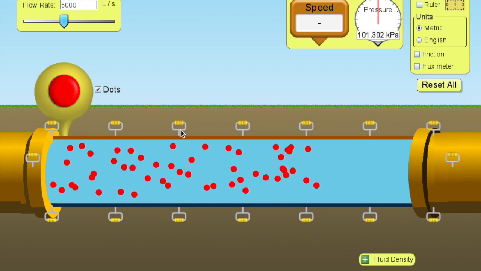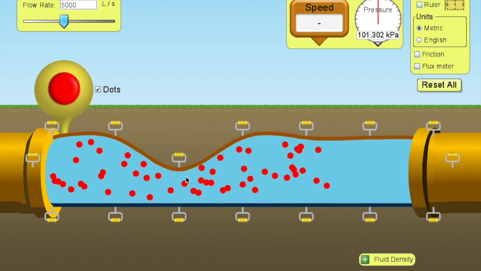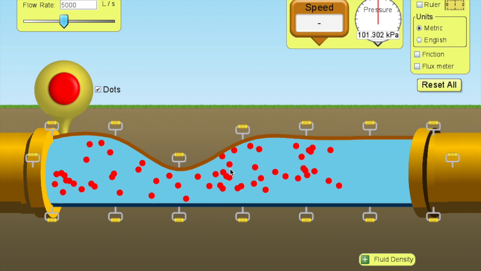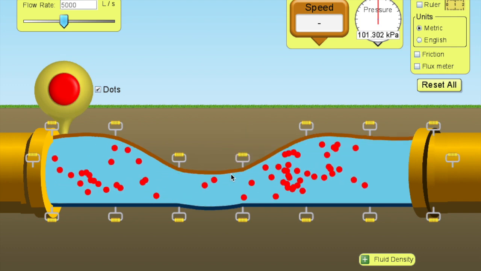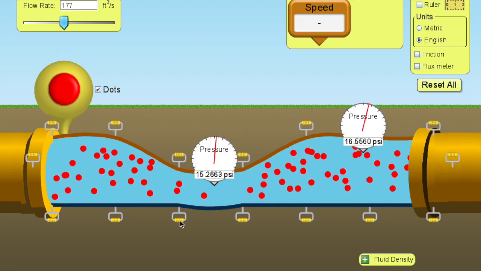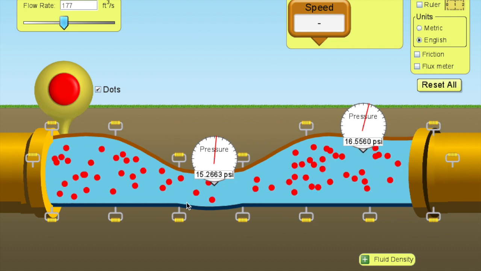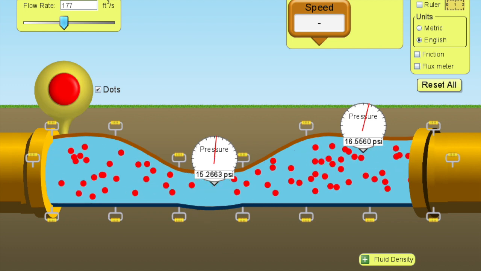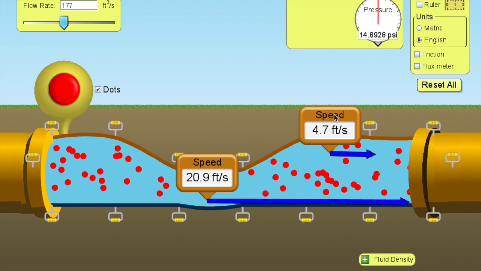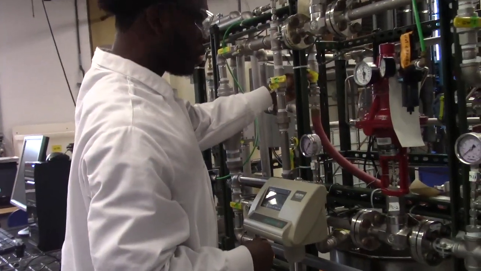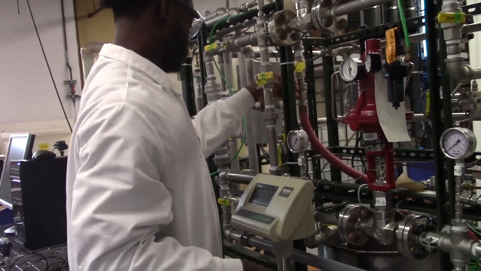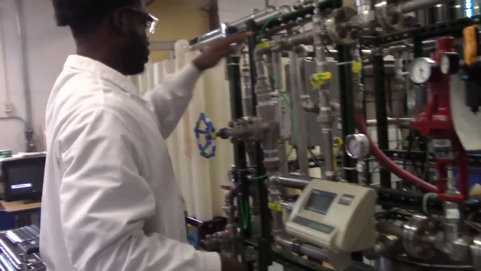Since water is considered incompressible no matter its pressure, it will take up the same amount of space. When a pipe narrows, the water will move at a faster speed, but will have a lower pressure. And as you can see in this animation, when the opening widens again, the pressure goes back up, but the velocity slows back down.